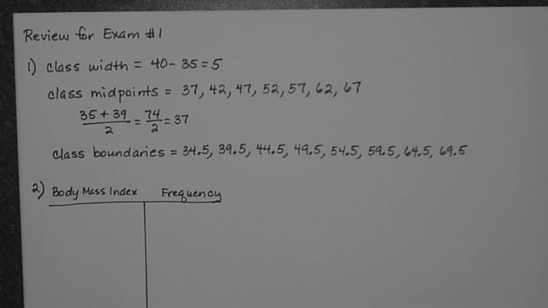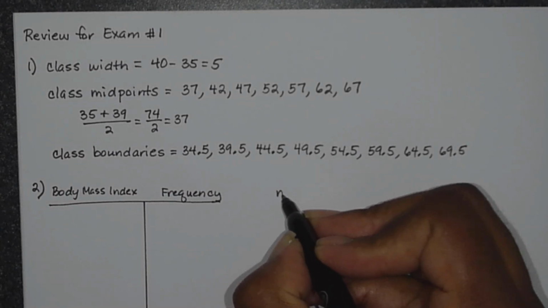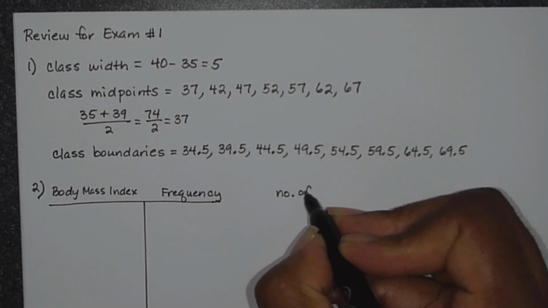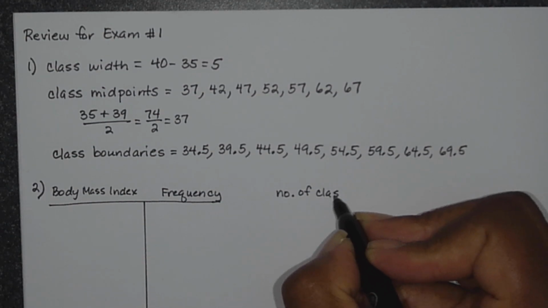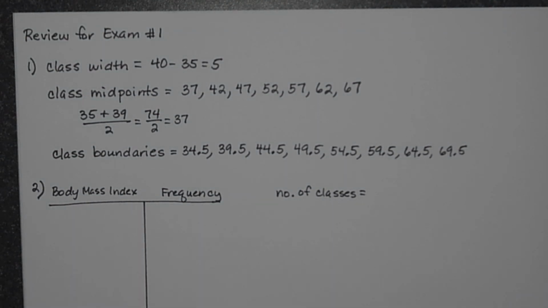Then the frequency. Now we need to know how many classes there are going to be, since we're given the lower class limit of 15 and the class width of 6.